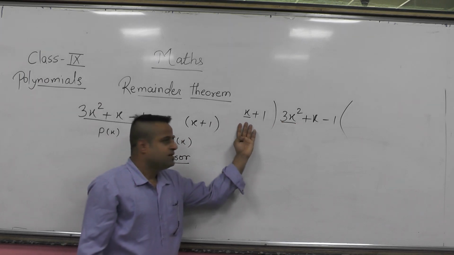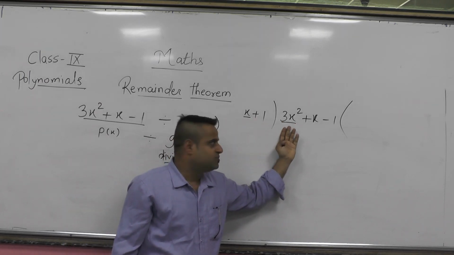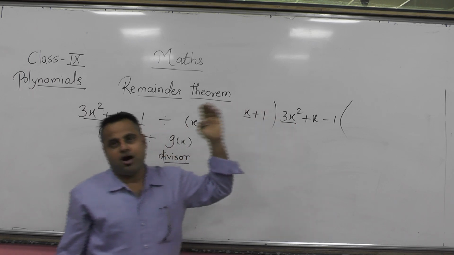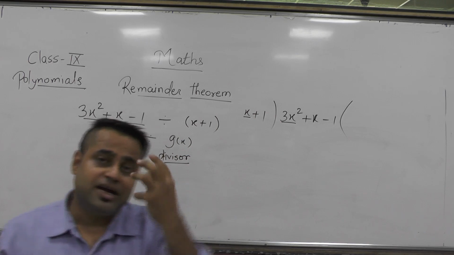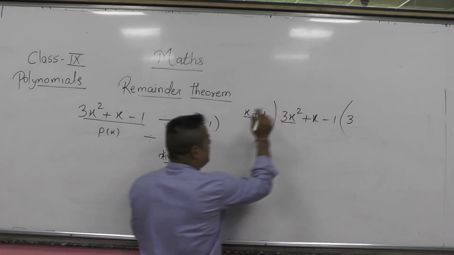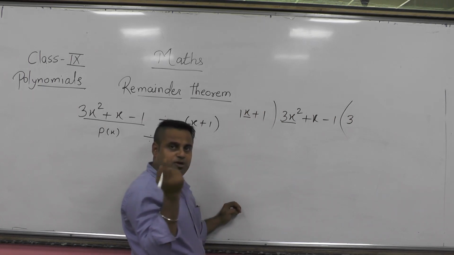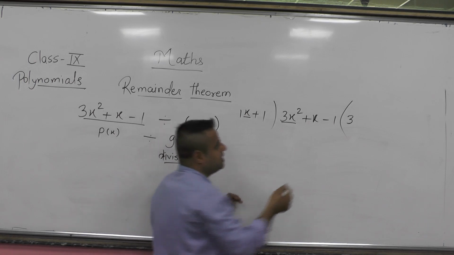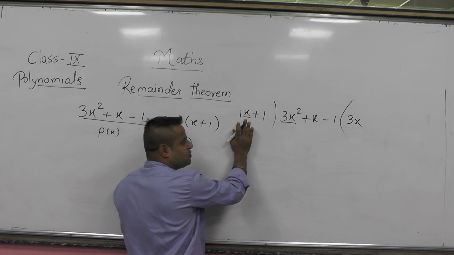Here we have x, and here we have 3x square. Now how can we make x into 3x square? By multiplying it first by 3. If we multiply 3 by 1x, it will give us 3x. But we need one more x, since we needed x square, so we multiply it with x also. Now this 3x will multiply with this 1x.